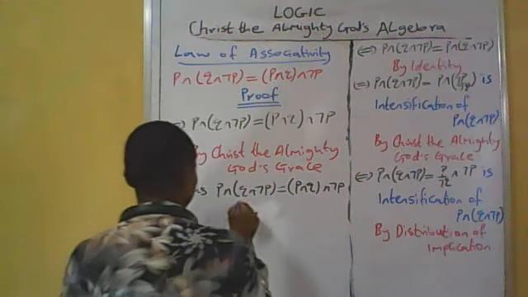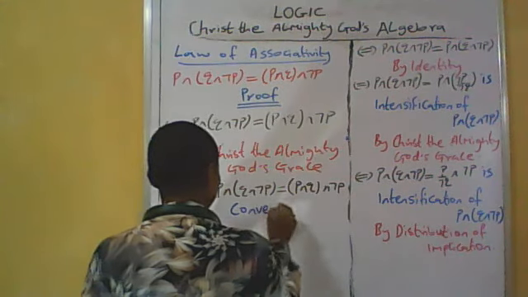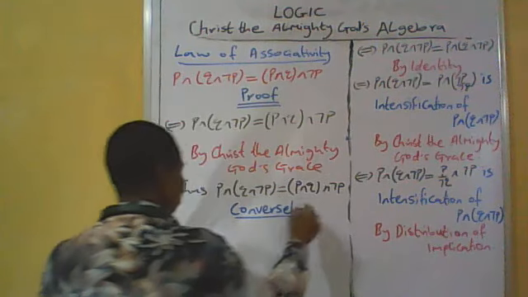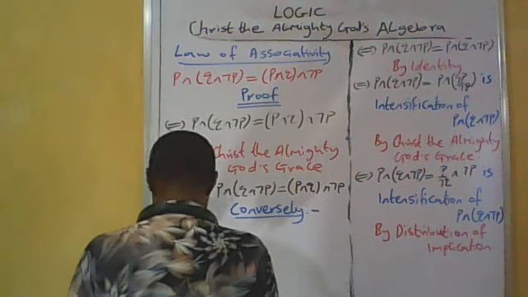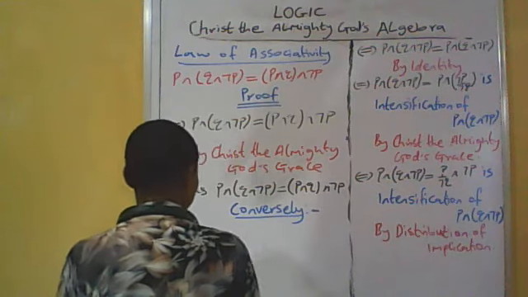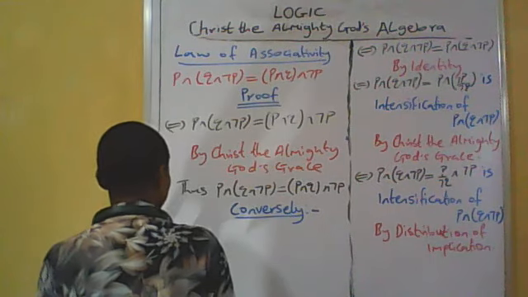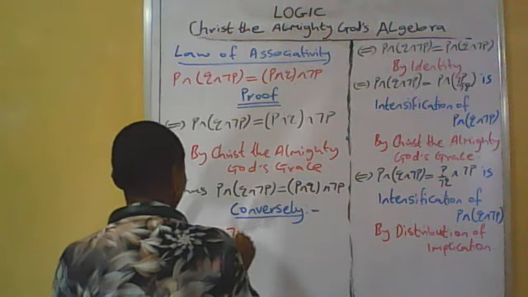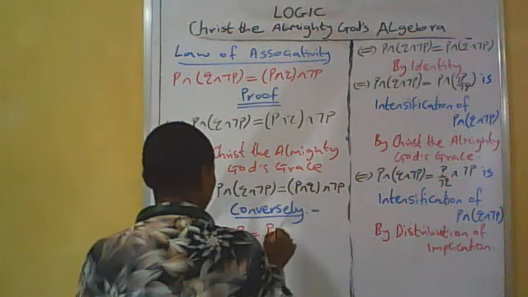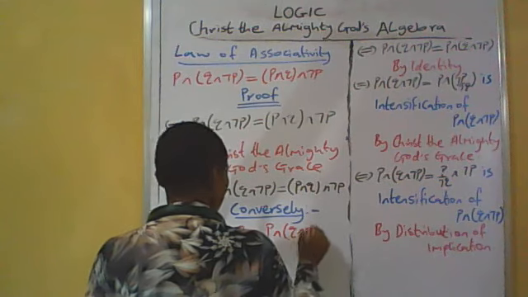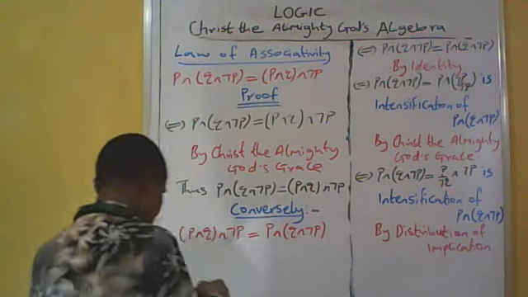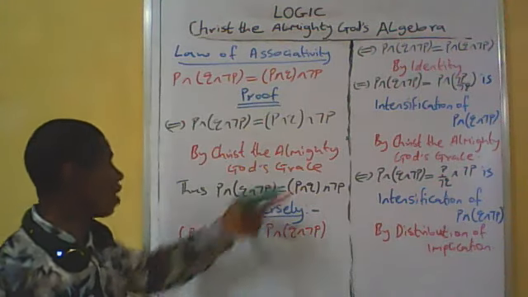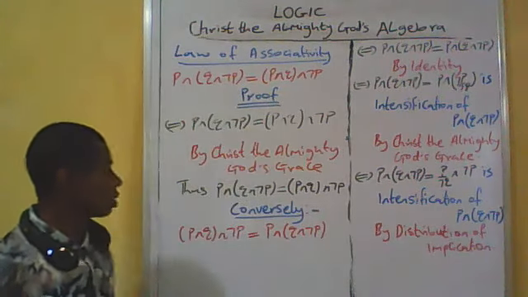So conversely, bracket P and Q and not P is equal to P and bracket Q and not P. So this is the converse of the statement.